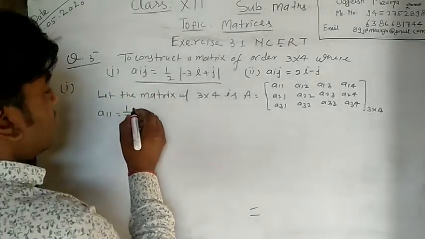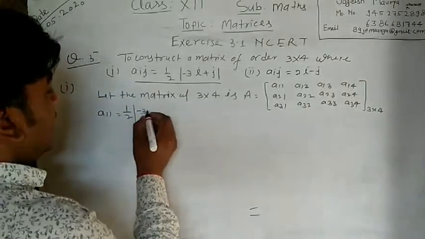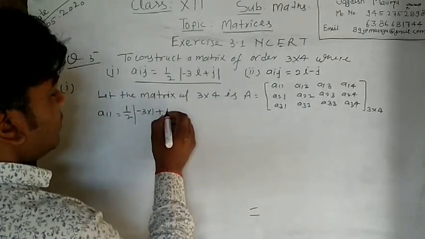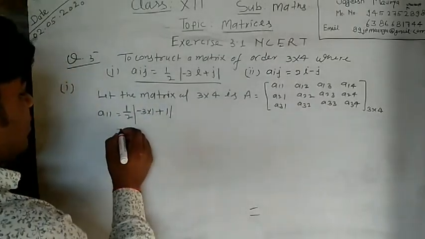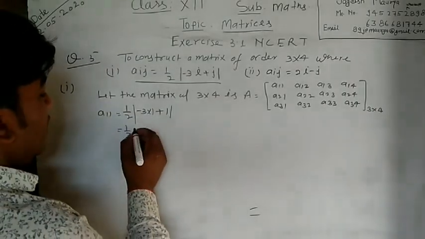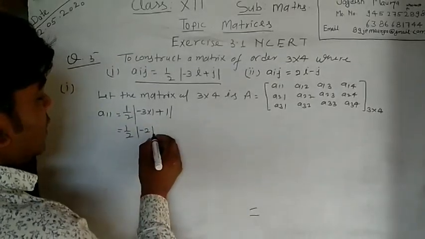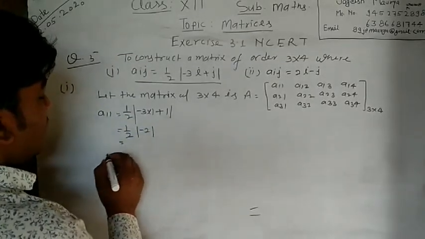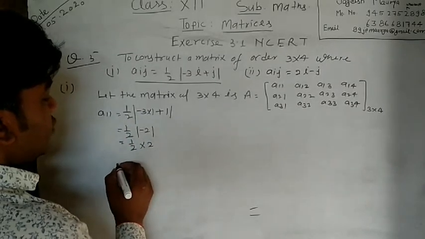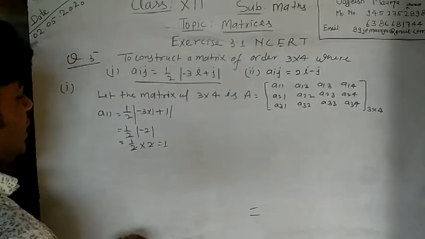So 1 by 2 mod of minus 3 into 1 plus 1, this will come 1 by 2 mod minus 2, and this is equal to 1 by 2 into mod minus 2 means 2. You cancel out, this equals 1.